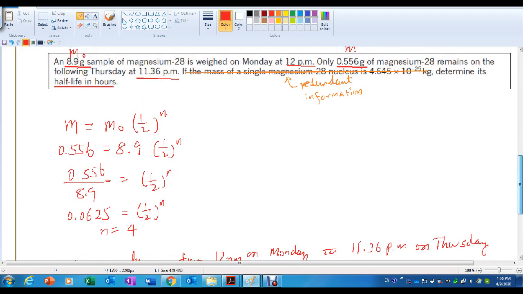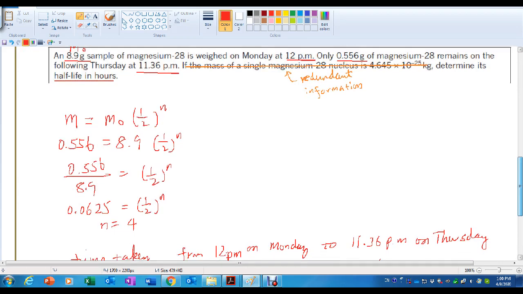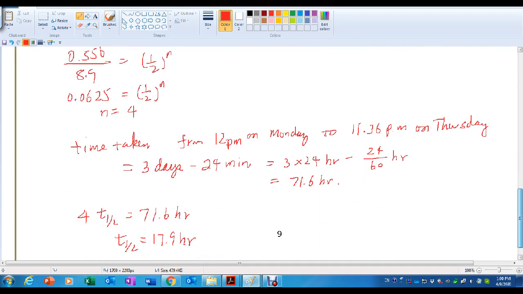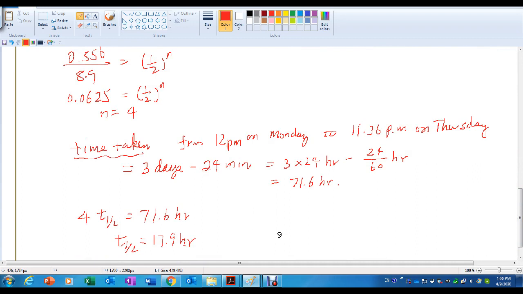But how long does it take for those 4 half-lives? So you need to find the time taken. The time taken from 12 p.m. on Monday to 36 minutes past 11 p.m. on Thursday. So that means 3 days, but less 24 minutes.